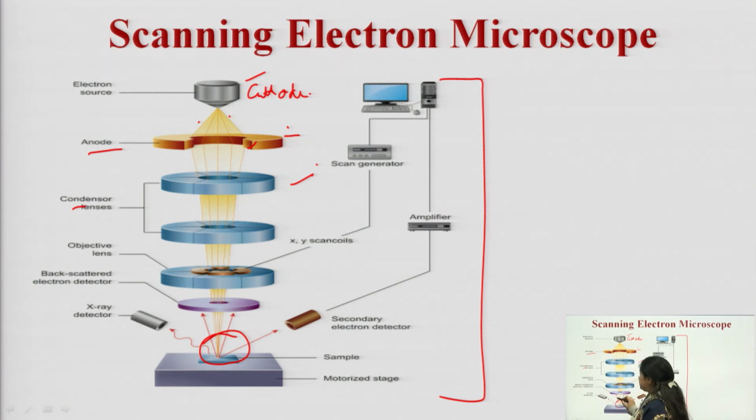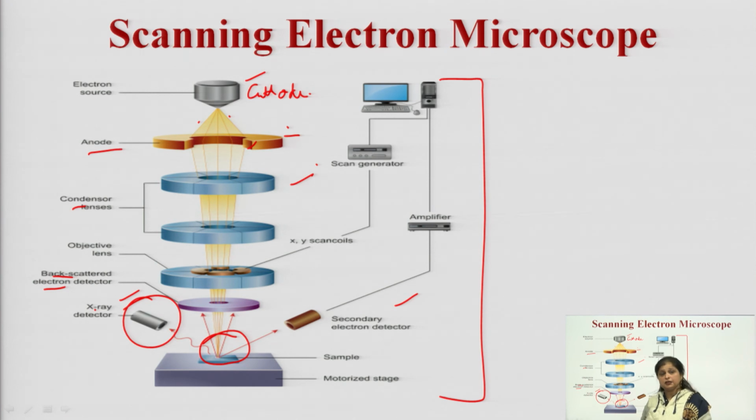It will generate back scattered electrons, X-ray emission, and secondary electrons. Those waves coming from the surface are collected by these detectors.